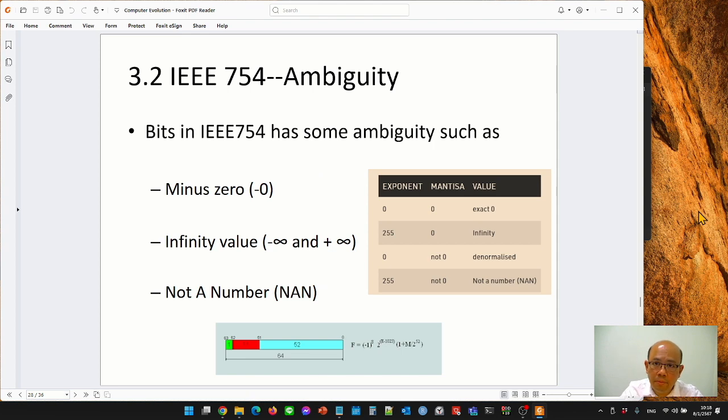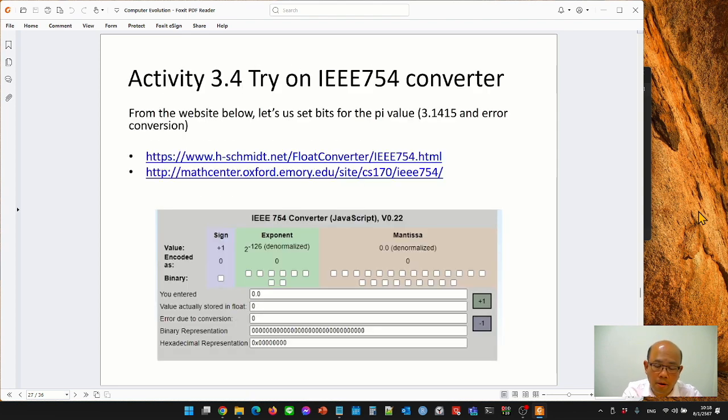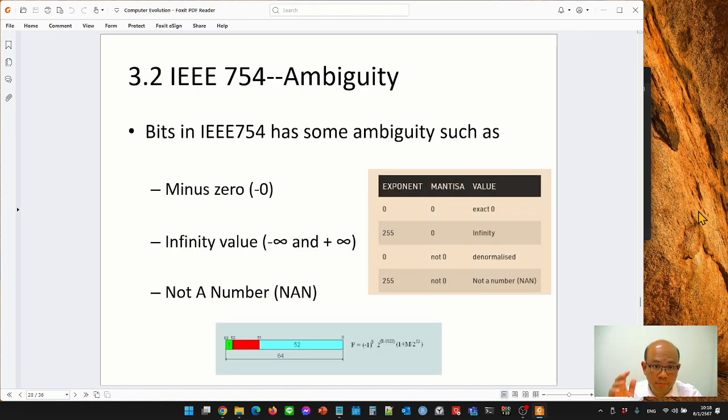IEEE 754 has some ambiguities because the values grow exponentially rather than linearly. The ambiguity about negative 0 occurs when you generate values. Negative 0 is the same as 0, but sometimes a calculation outputs negative 0, though the computer displays it as 0.